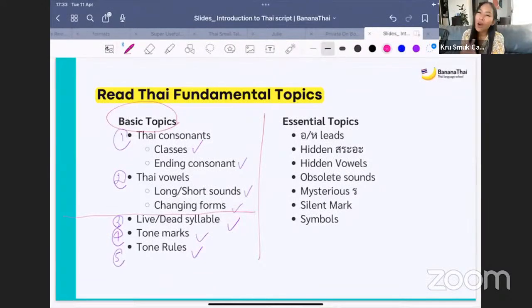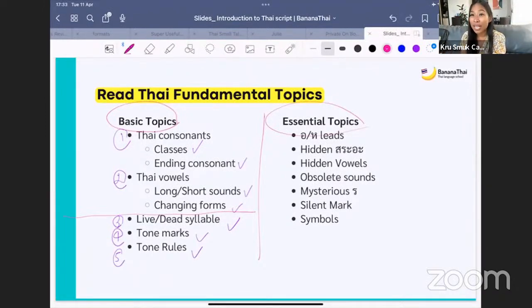So you can already read basic words like the word rot, the word rak, the word mak, very simple. But if you want to read more words, you want to expand, then you have to learn essential topics, which include ang and hor heep leads, changing tone, consonants that change the tone, and hidden sara'a.